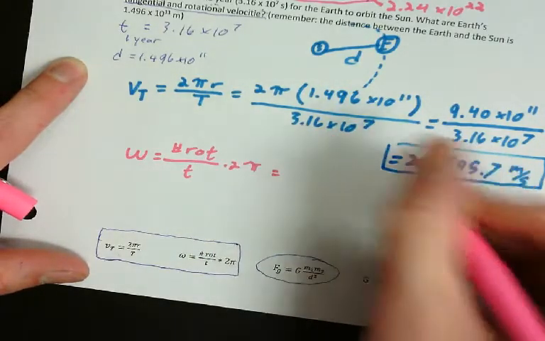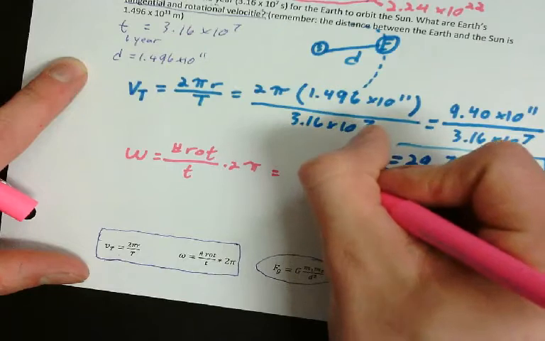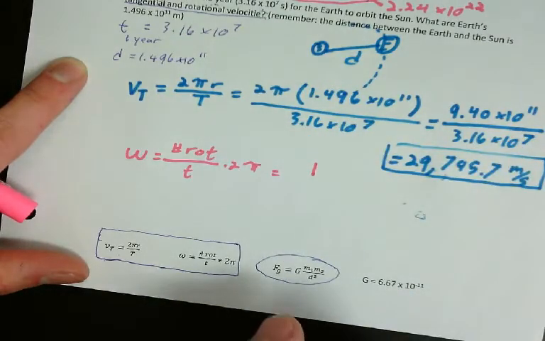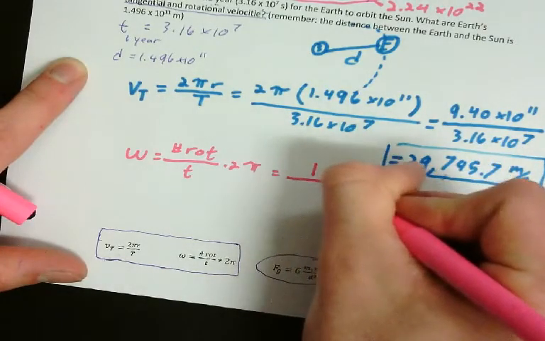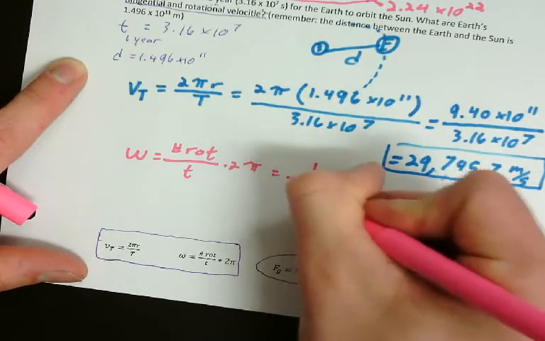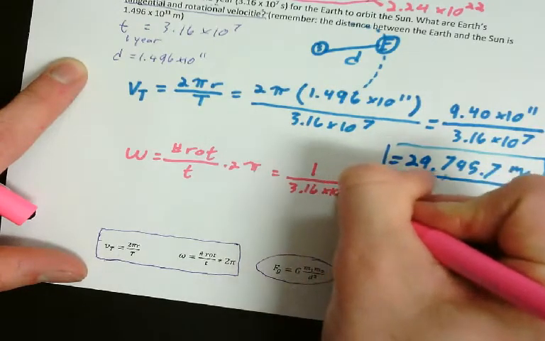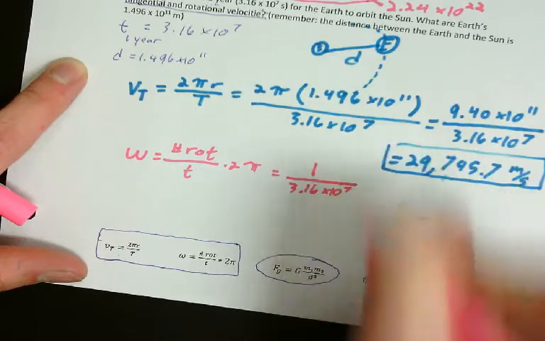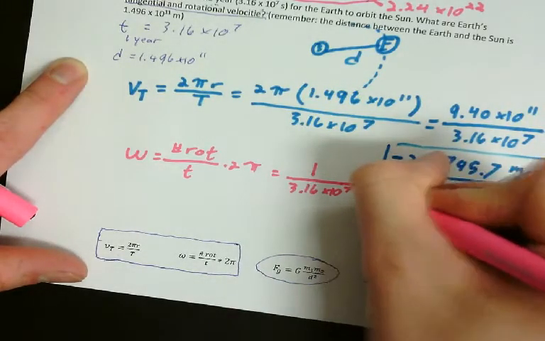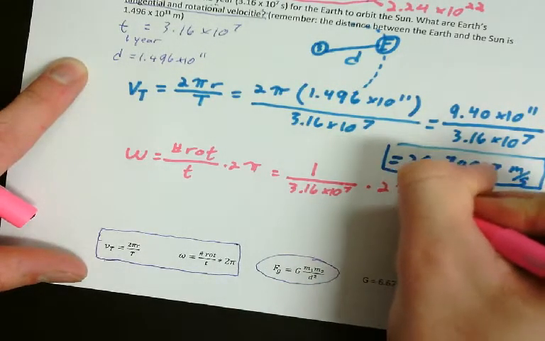So the number of rotations is once. The Earth goes around one time in a year. The time it takes to go around is still 3.16 times 10 to the 7th. That's still how long it takes to make 1 year. Times 2 pi.